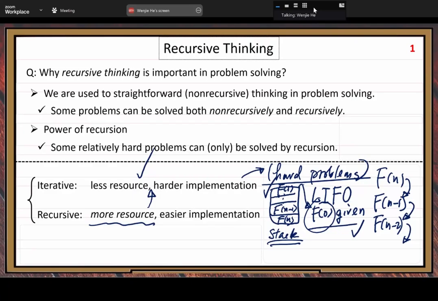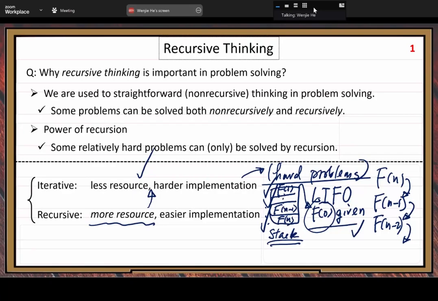Then we use f of 1 to calculate f of 2. So f of 2 is known. Then pop out the next one in the stack and make it known, and so on. All the way at the end, we can calculate the last item in the stack, f of n. Then the value is found. This is the internal implementation of recursion.